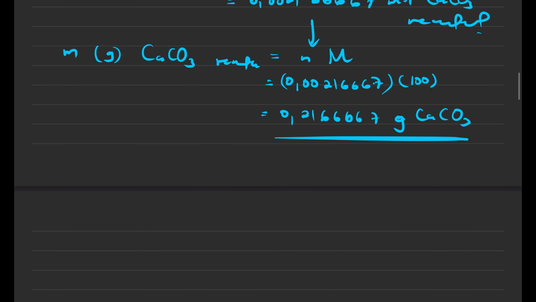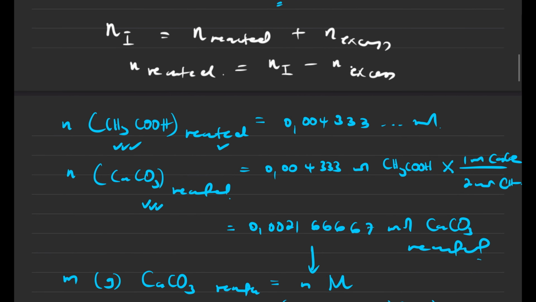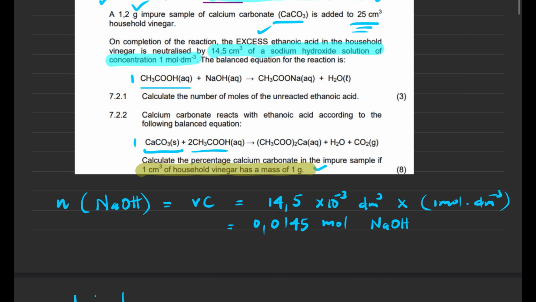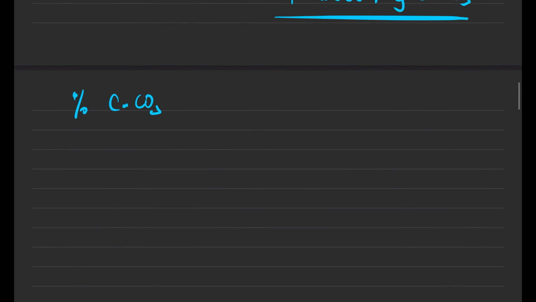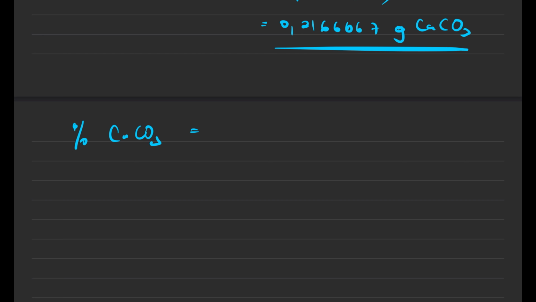All right, so now the percentage of calcium carbonate, what are they looking for? The percentage of the calcium carbonate in the impure amount. So it's going to be the pure amount in grams divided by the impure amount in grams.